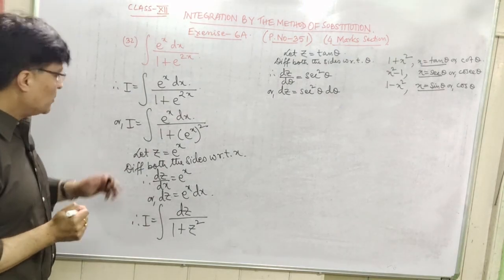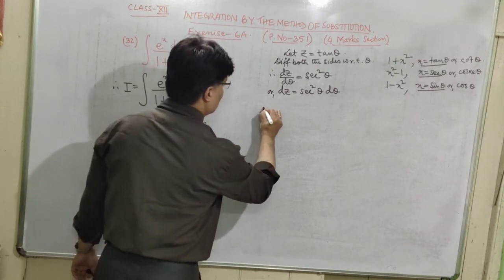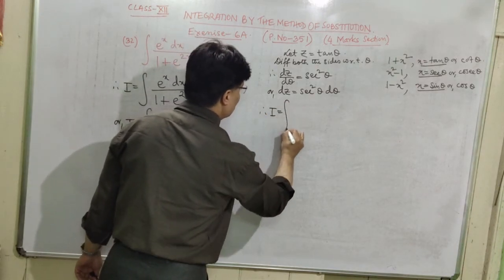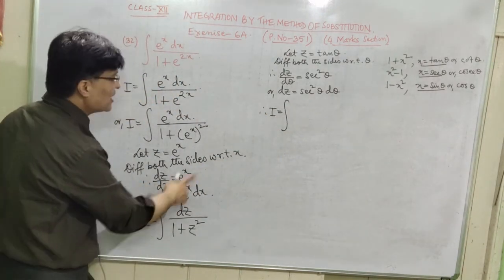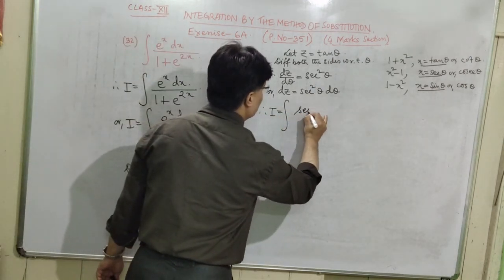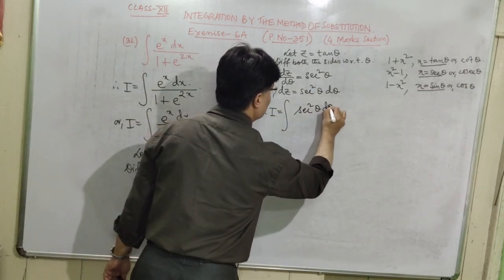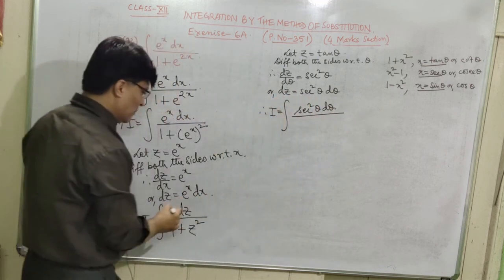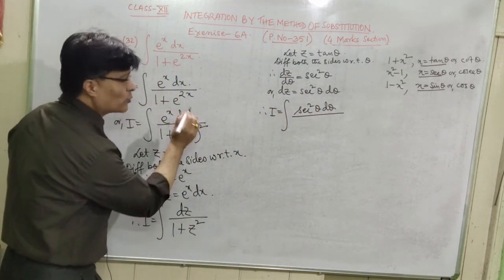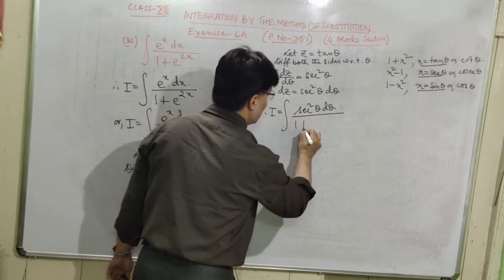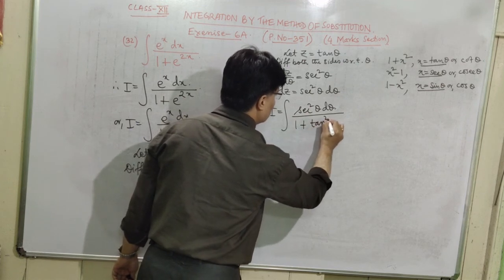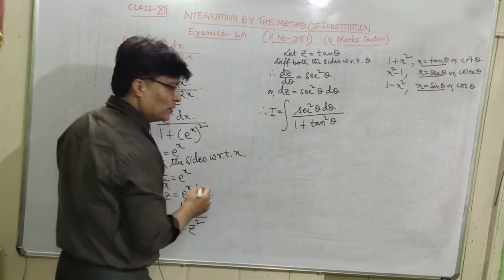Okay. Now let us put these values in I. So I is equal to integral sign. What is dz? dz here is sec square theta d theta divided by, in the denominator, 1 plus, what is z square? 1 plus tan square theta. Okay.